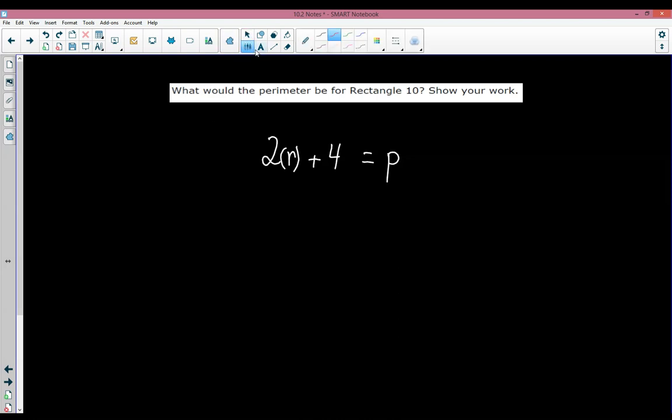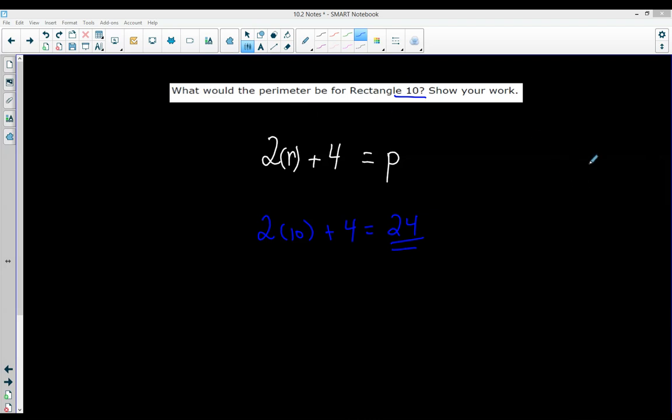So 2 will stay the same, and we're going to replace that r with 10. And we'll keep our expression. 2 times 10 is 20. Add 4 is 24. So in rectangle 10, there would be 24 toothpicks.